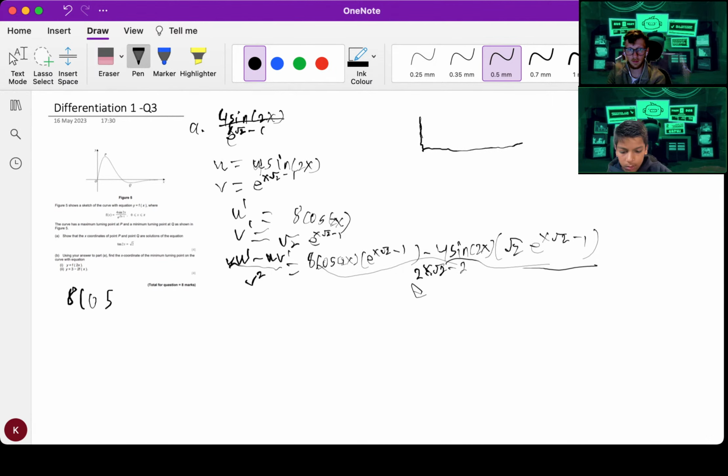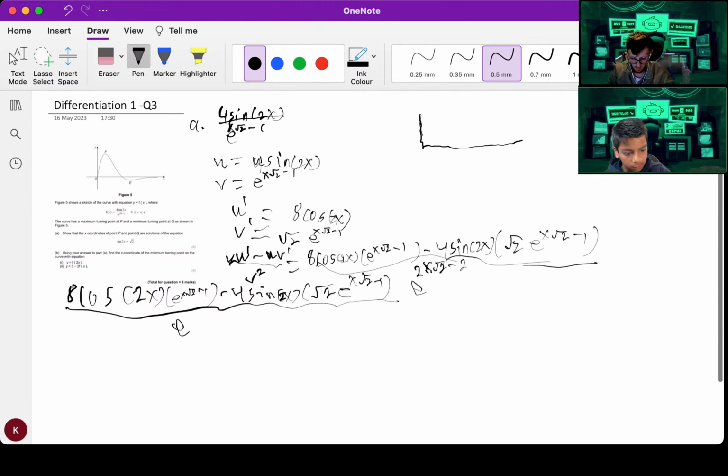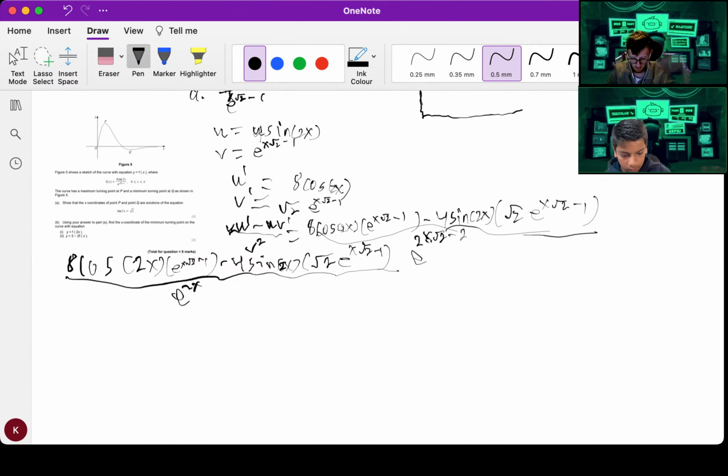Right, so 8 cos of 2x times e to the power of x root 2 minus 1, minus 4 sine 2x times root 2 times e to the power of x root 2 minus 1, all divided by e to the power of 2x root 2 minus 2, equals 0.